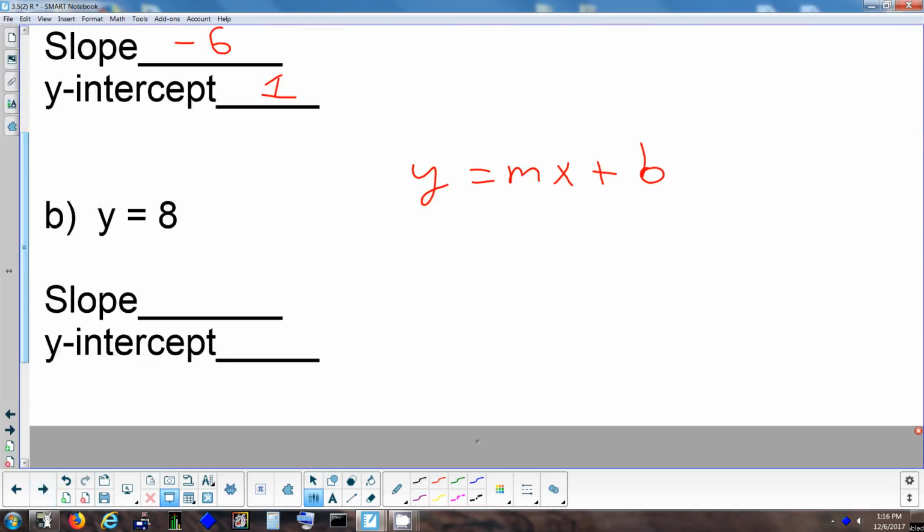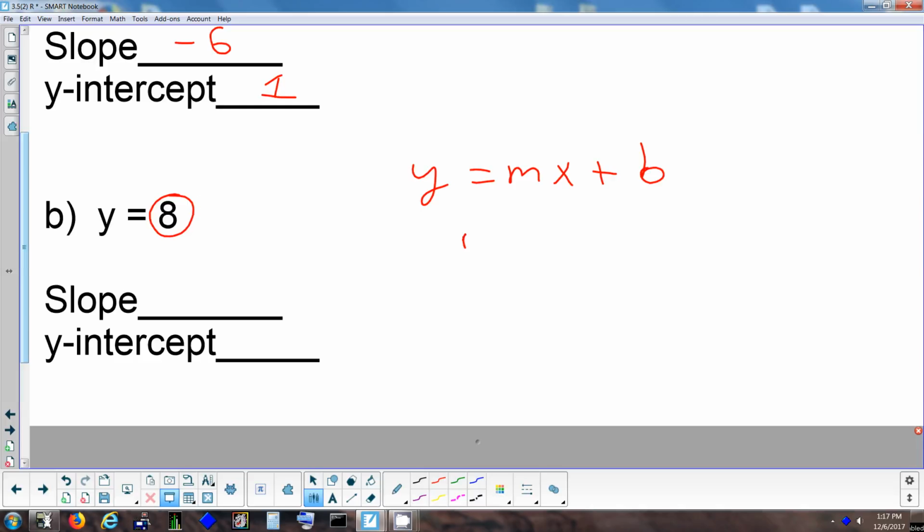Look at the equation. What letter is that? Y. Well, y is on the other side. Is 8 the m? Well, is it in front of an x? No. If you had an x, then I would say that's m. It's not in front of an x.